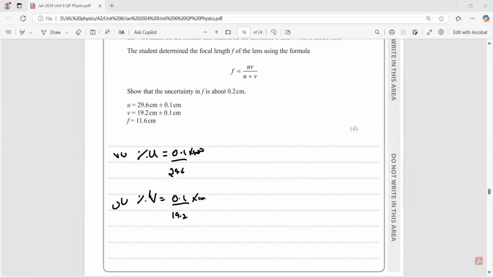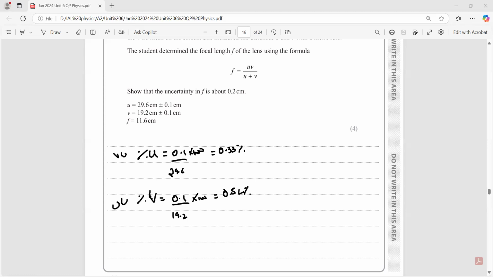What's the answer for this one? 0.33%, okay, so 0.33% in this, and 0.52% in this.